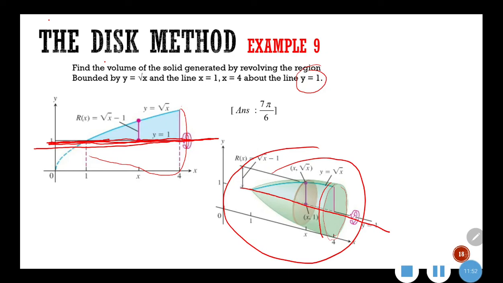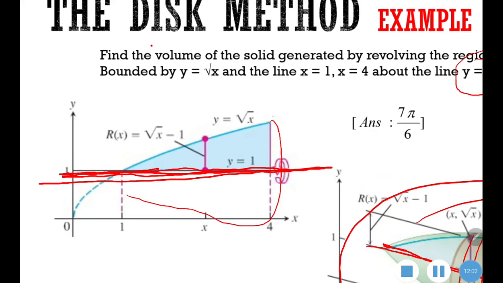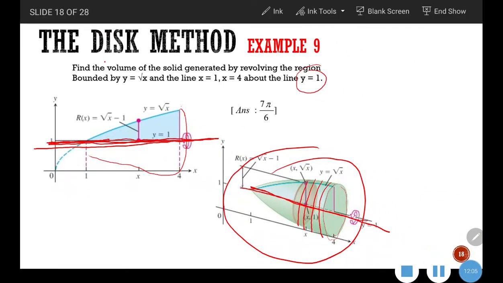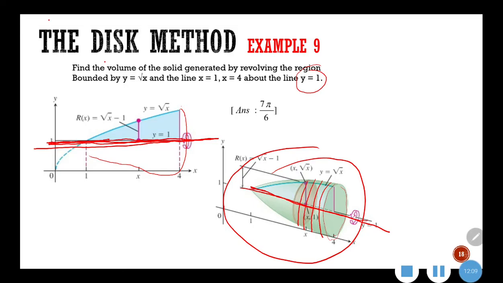Alright. So what makes the difference between what we have just now dengan yang sekarang ni adalah dia punya center, when you want to measure the radius. Before this, the radius, its center is at the x-axis, y equals 0. But now, to measure the radius, dia punya center is at the line y equals 1.